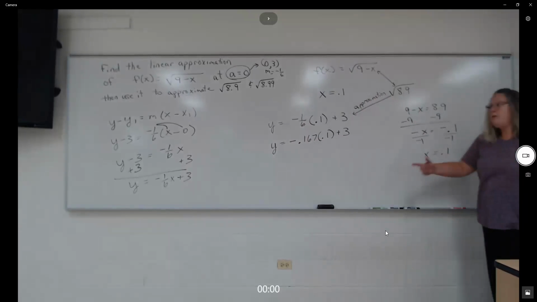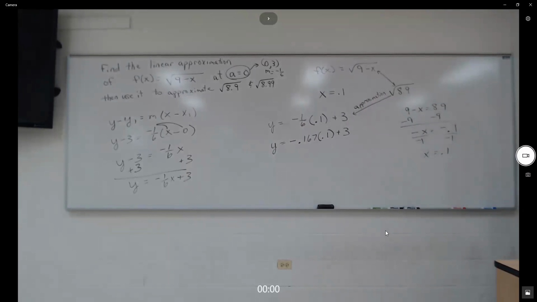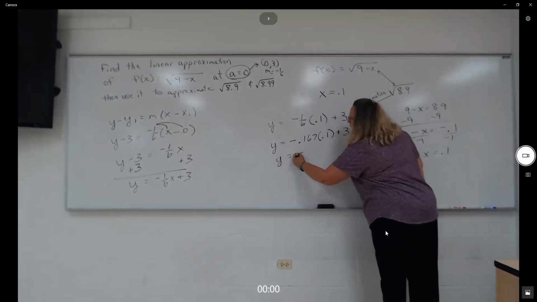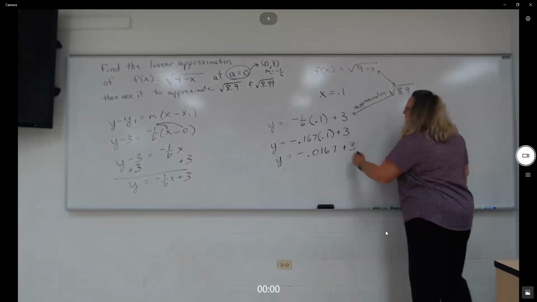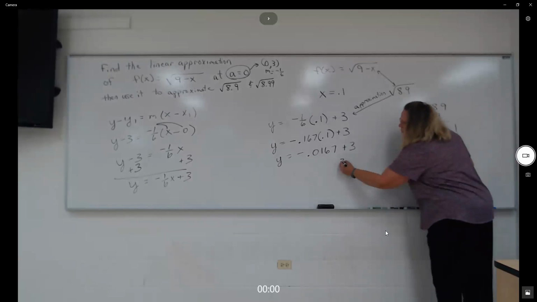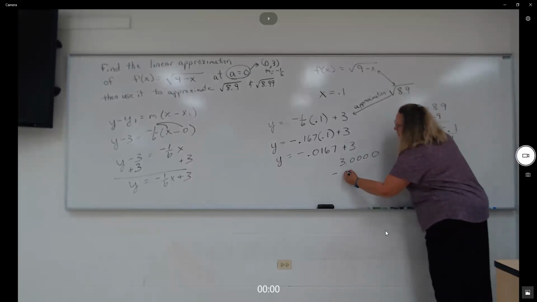All right, but this isn't too bad. What happens when you multiply by 0.1? It moves the decimal over one place. So negative 0.0167, and then plus 3. And again, you could type that into your calculator. That's doable, though. Some of you might be able to do that in your head.